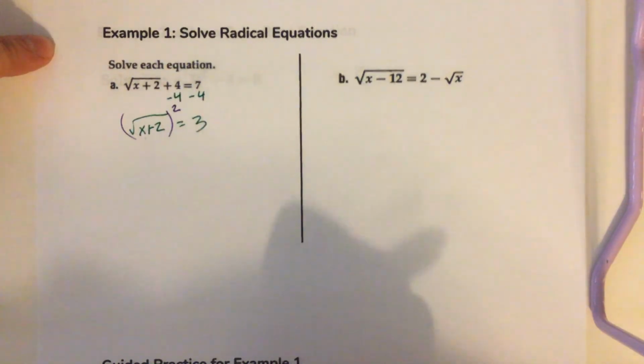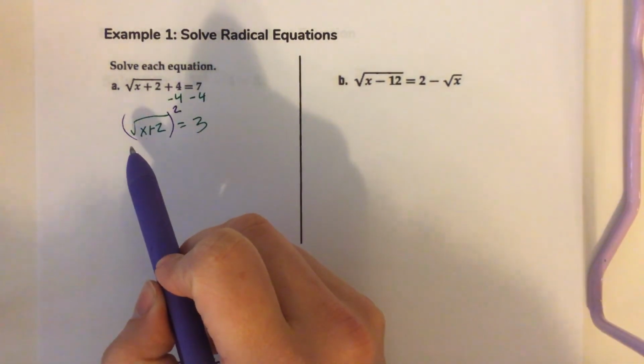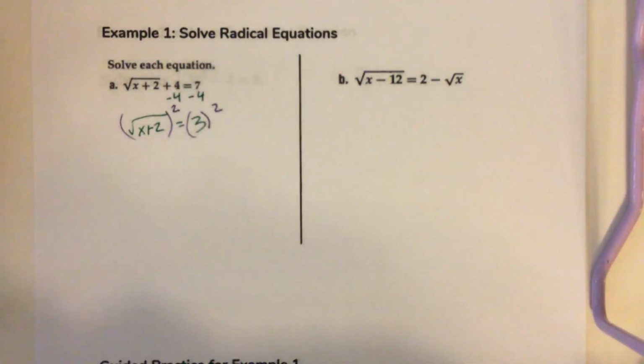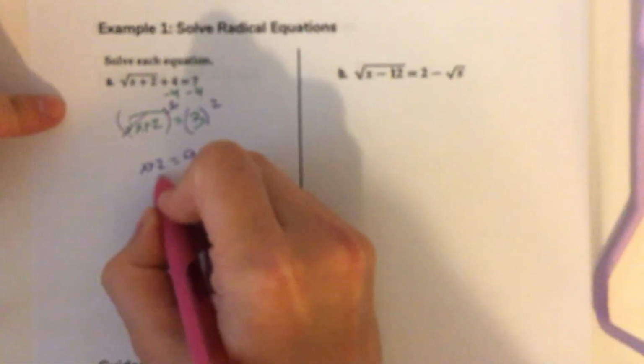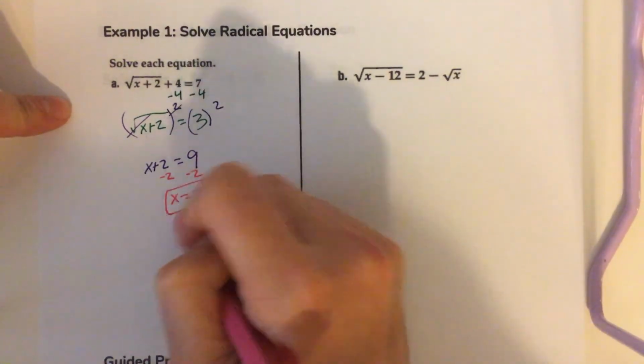They're opposites of each other. We can think of this as x plus 2 to the 1/2 power. I'm going to square it, and if I square that side, I also need to square this side. Those cancel out, so I'm just left with x plus 2 equals 3 squared, which is 9. And then to finish up, I'll subtract the 2 to get that x equals 7.